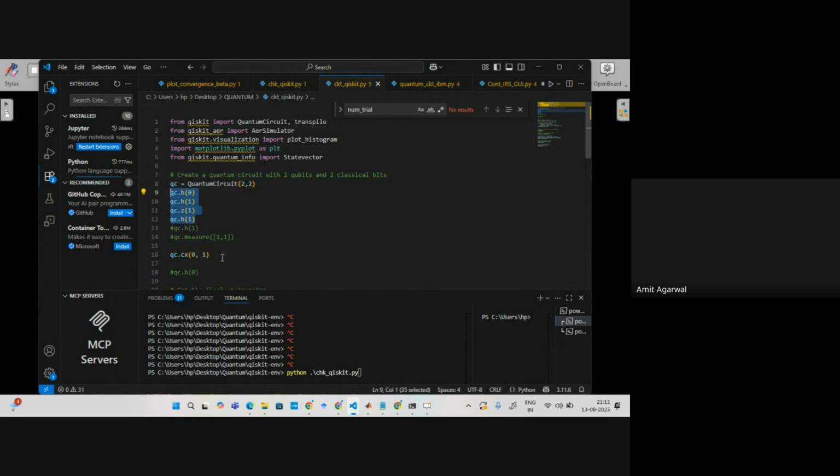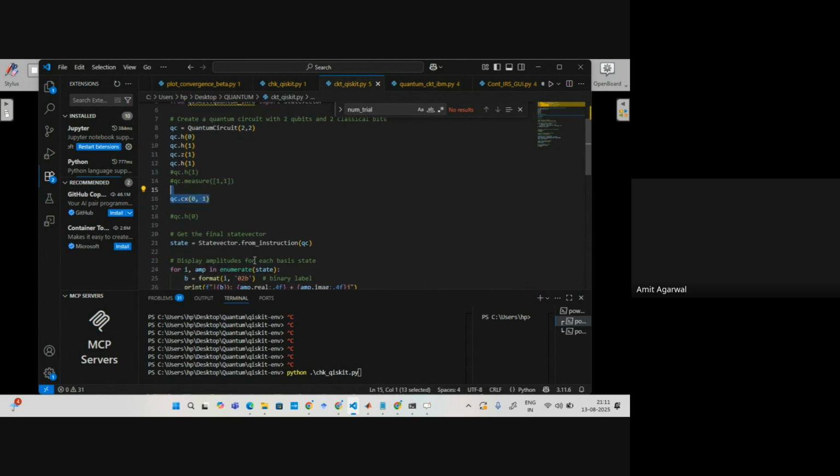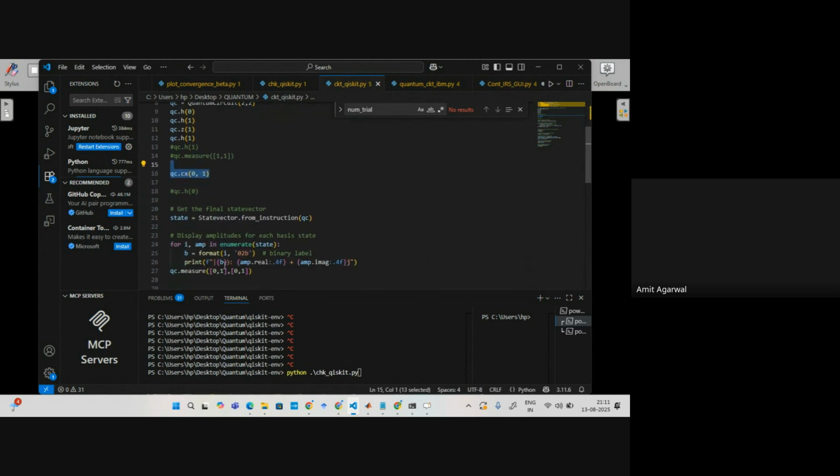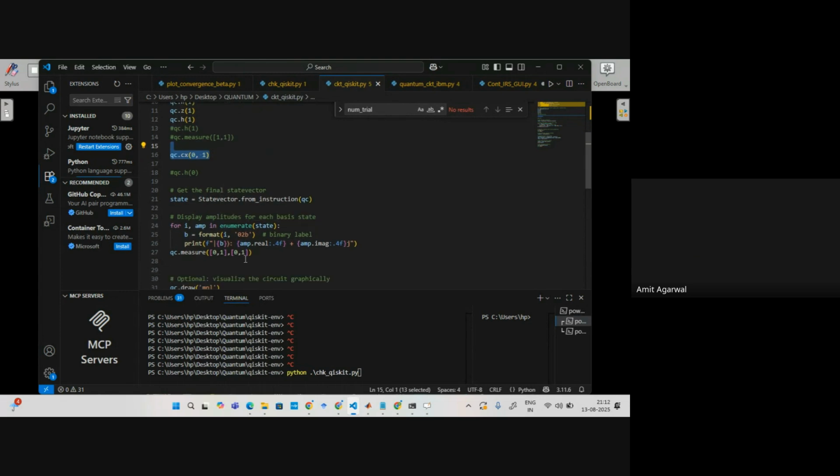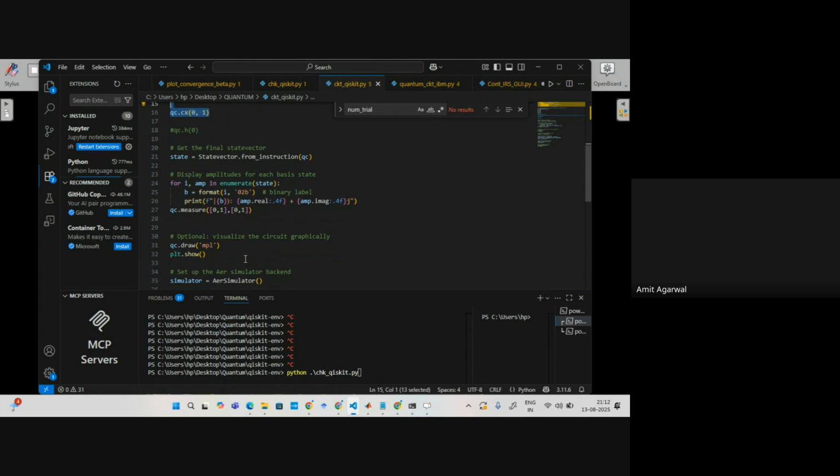Now we have to apply a controlled NOT gate to both the bits, and this is the code to recover, or find out, the amplitude of each basis state. This is the command for drawing the circuit.